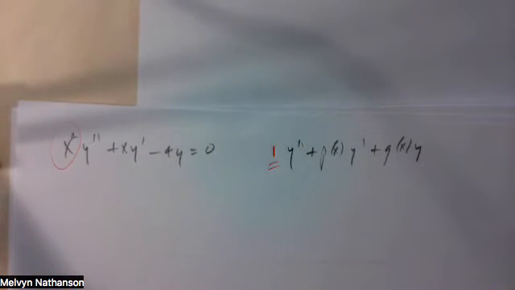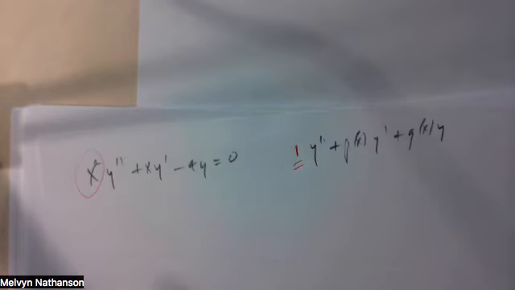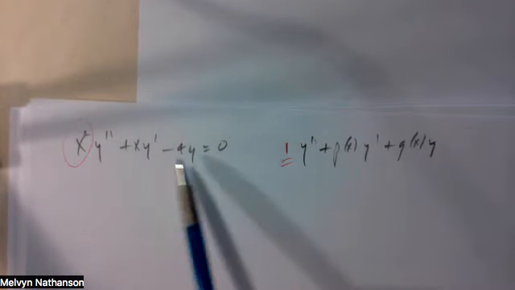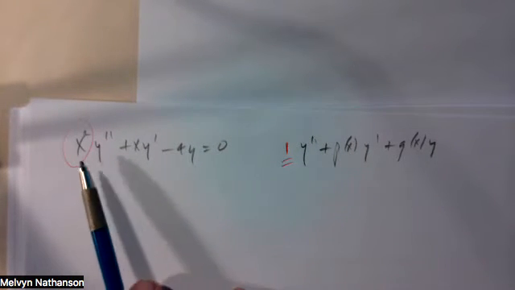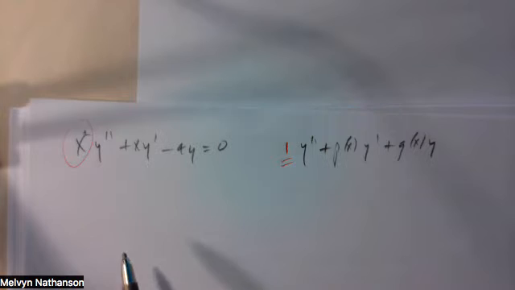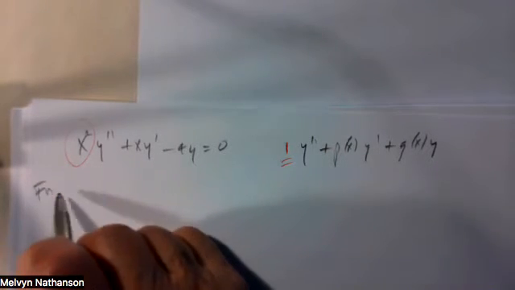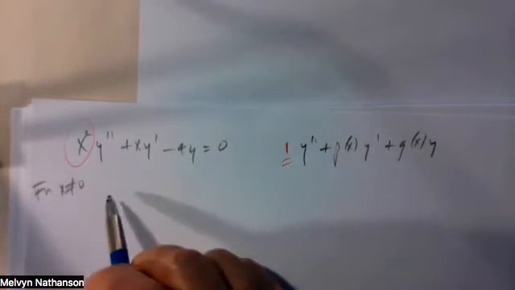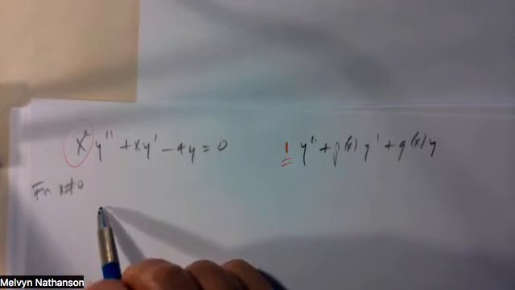And here the coefficient is x squared. So before we proceed, we want to put this differential equation in this form, and we can do that by dividing through by x squared. But you can't divide by 0. So for x different from 0, we can divide by x squared.